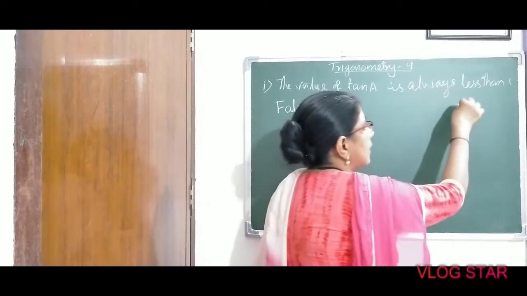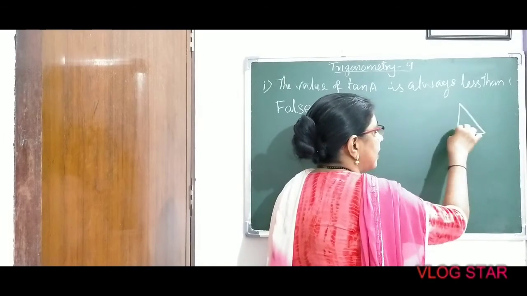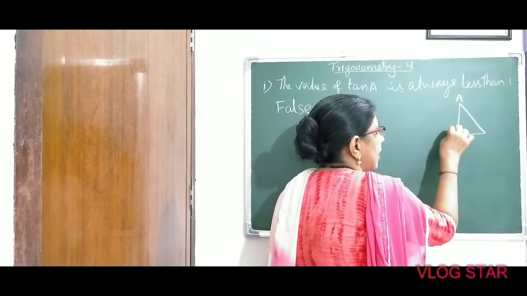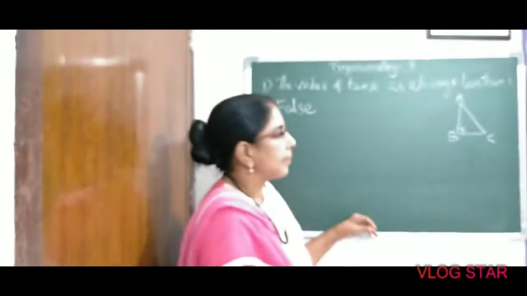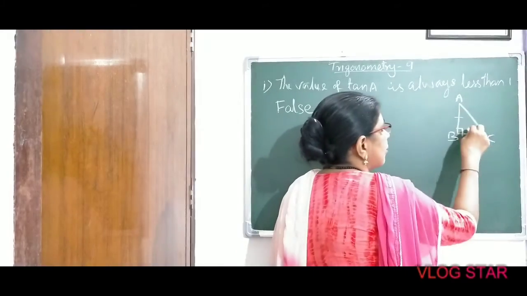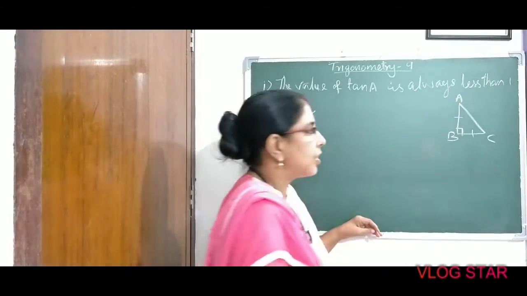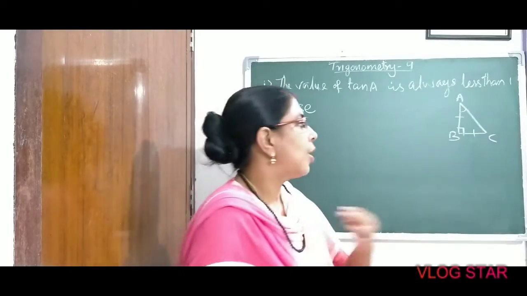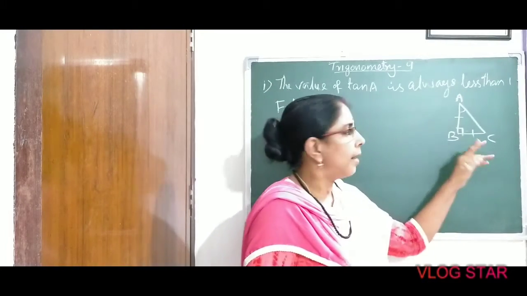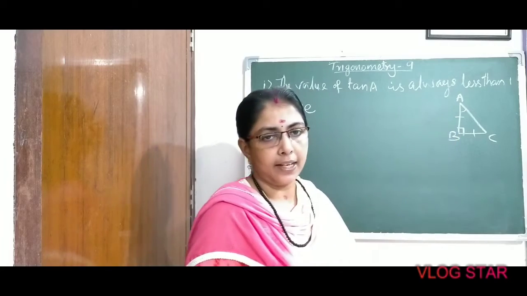because, let ABC be a right triangle, right-angled at B. Let AB equal BC. We know that tan of an angle A is the opposite side of that angle upon the adjacent side of that angle.